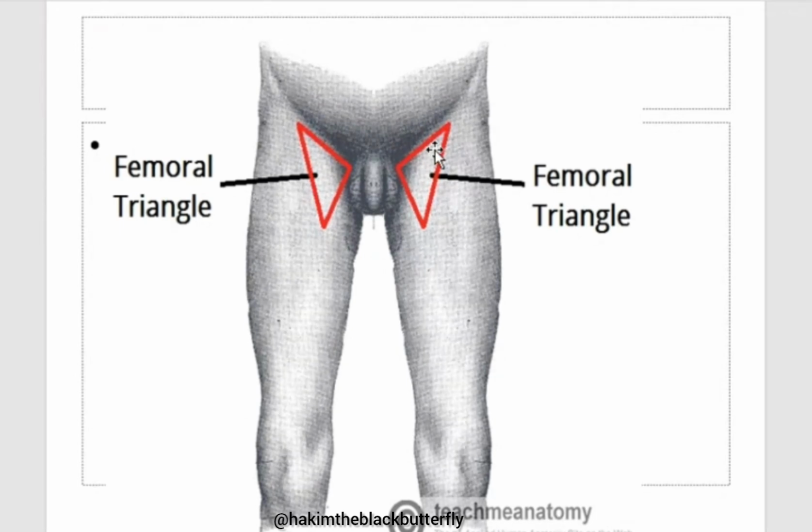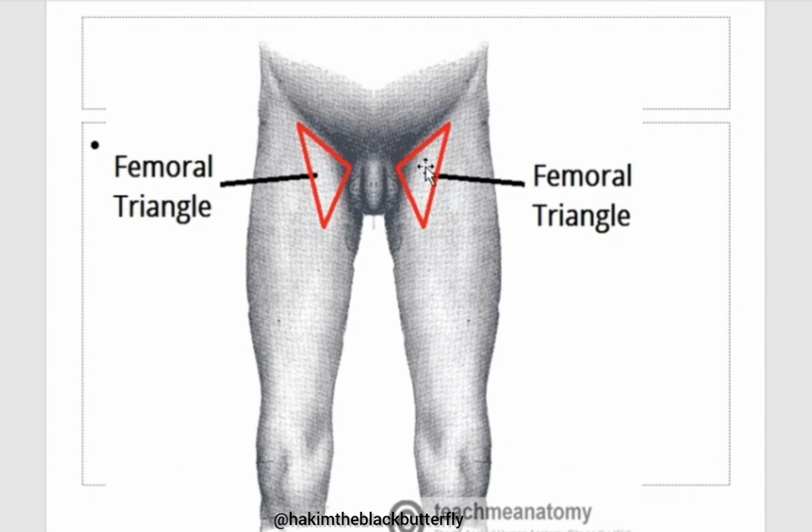Now, what makes it of clinical significance? The contents located within it are only covered by skin and subcutaneous connective tissue. They are very important structures, but they are covered by skin and subcutaneous tissue, so they can easily be injured.